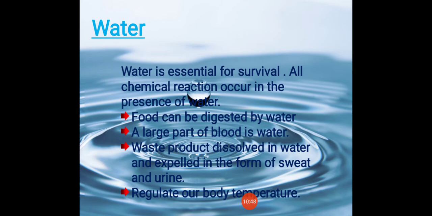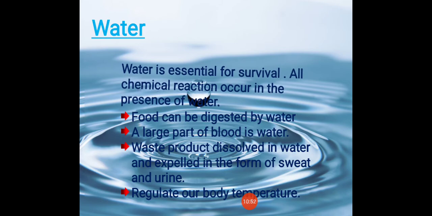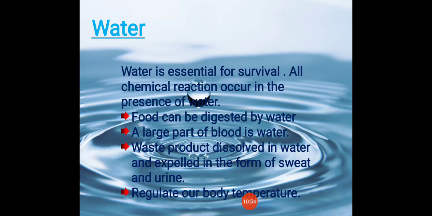Food cannot be digested without water. A large part of the blood is water, and waste products are dissolved in water and expelled in the form of sweat and urine.